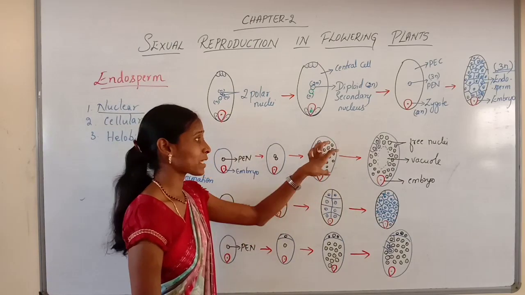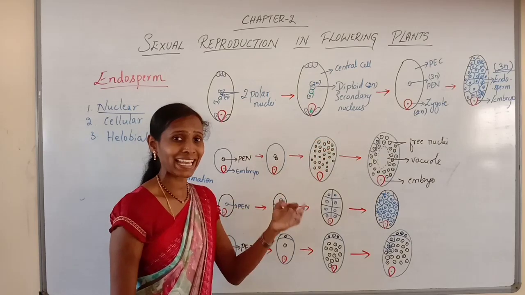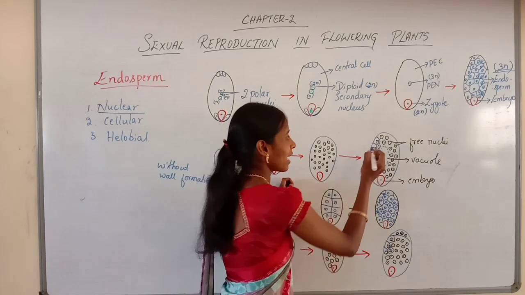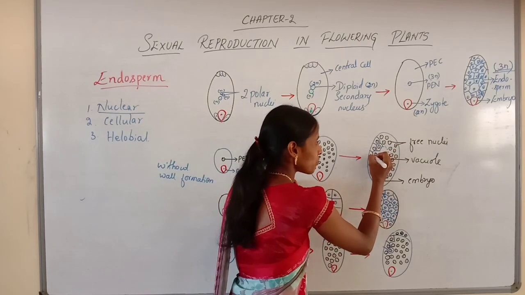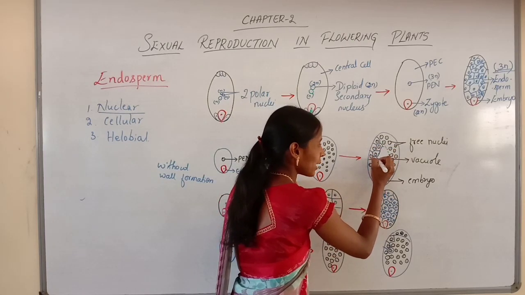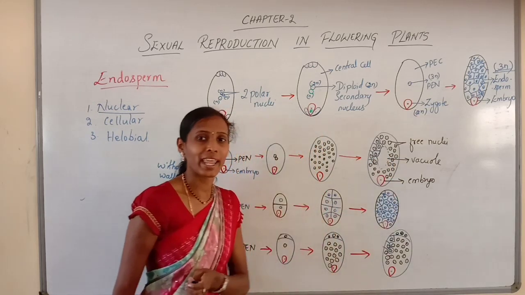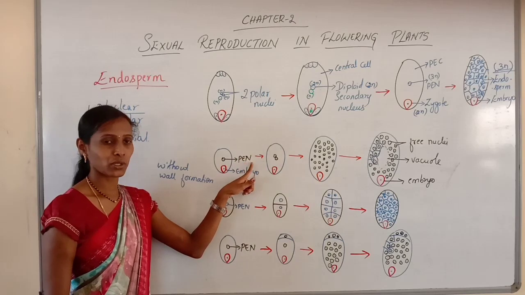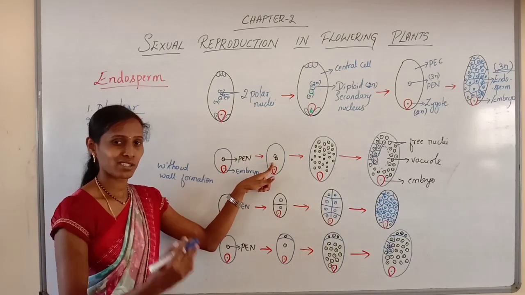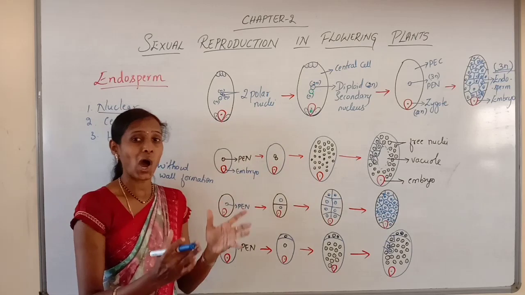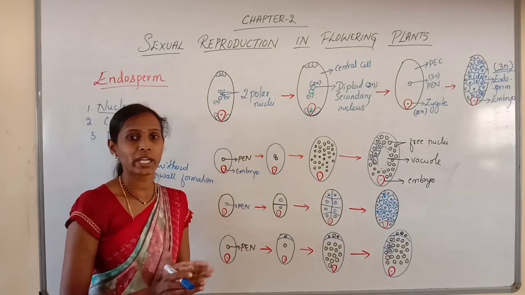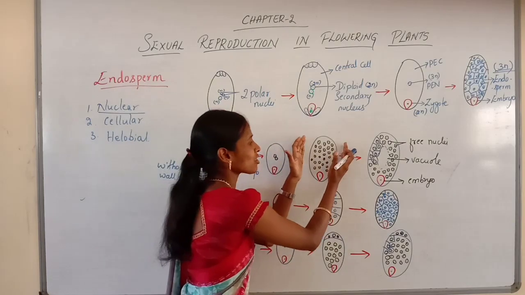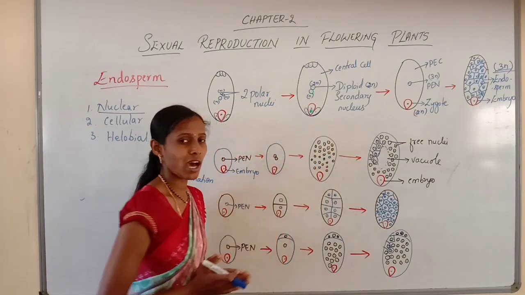And these free nuclei will not remain as they are. Later, each nucleus will be surrounded by a cell wall. So finally, this free nuclear endosperm becomes a cellular endosperm. Try to understand. Here the primary endosperm nucleus undergoes division. Several successive divisions will be taking place and all are free nuclear divisions only, without the cell wall formation, resulting in the formation of a large number of free nuclei.